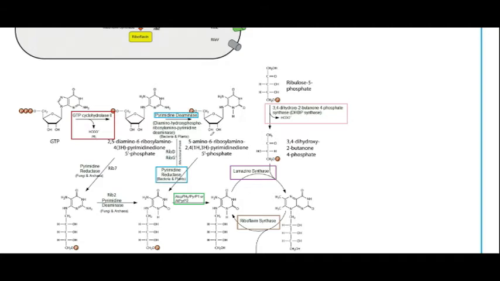So we see, once again, first we start with this GTP, then this GTP cyclohydrolase, releasing this molecule here, is opening up this ring right here, so that we end up with this single ring.